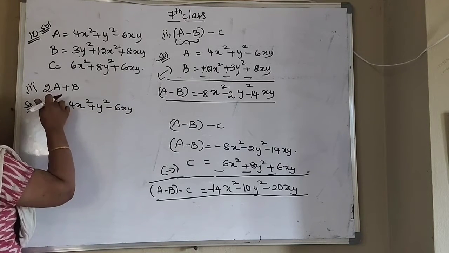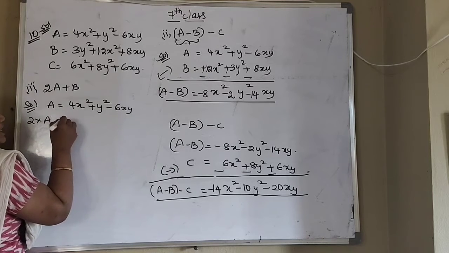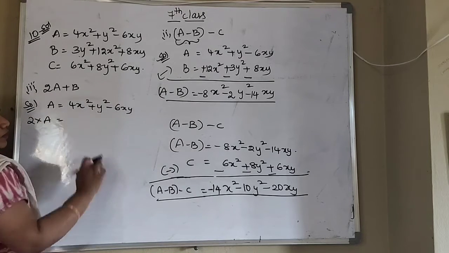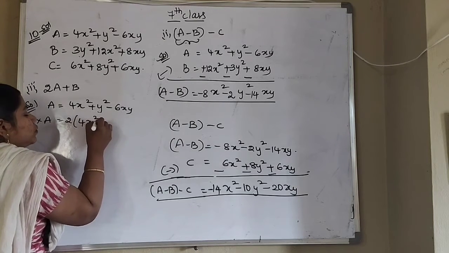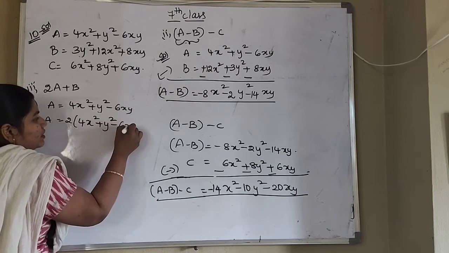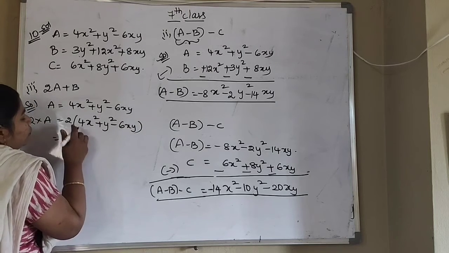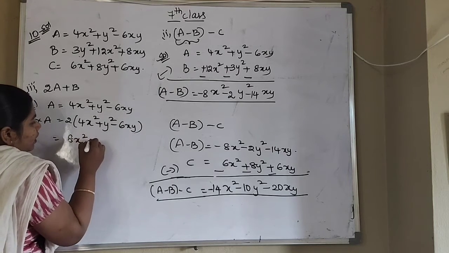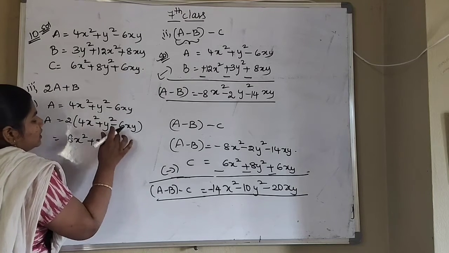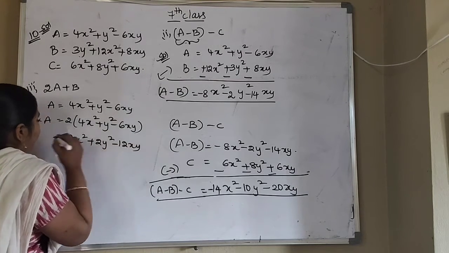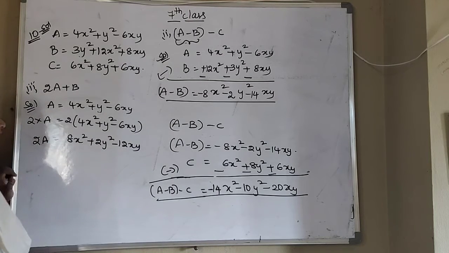They told 2A, 2 into A. So this 2 we have to multiply to this expression. So 2 into 4x square plus y square minus 6xy. So 2 4s are 8x square plus 2 into y square is 2y square minus 2 6s are 12xy. So this is our 2A value.